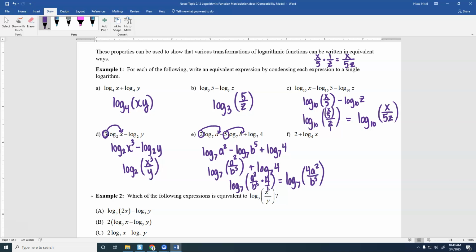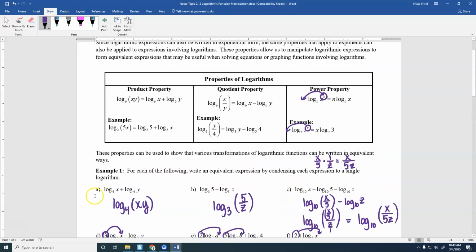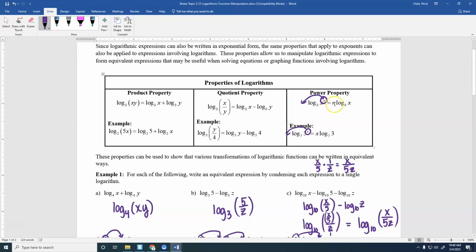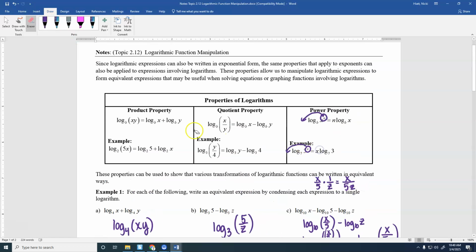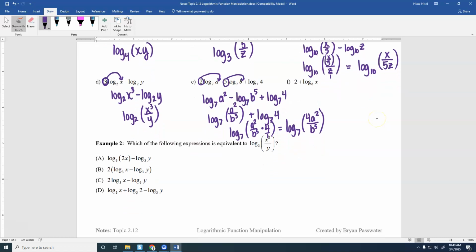Can I put anything together there? I cannot, because can I pull this in as an exponent? No, because that only works if I am multiplying out front by a number, right? This is not multiplied, so there's no number to be pulled in right there. That won't work. Could I put them together and say log base 6 of 2x?